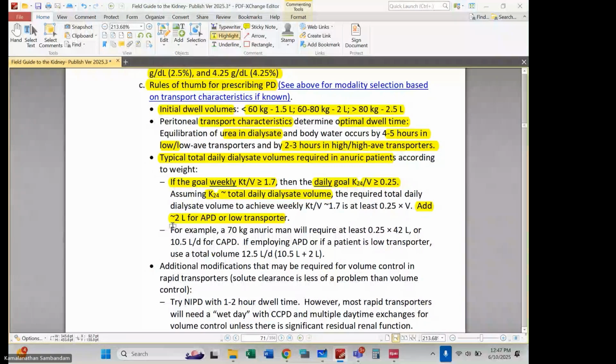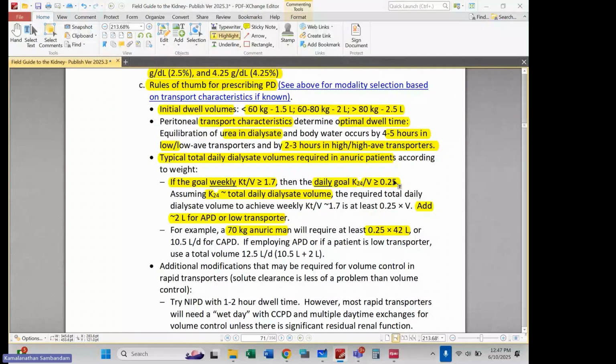All right, so I think we've sort of played this out. Here's an example again. If I had an anuric 70-kilo man, their volume of distribution is 42 liters. Multiply that times this 0.25 target, and that would give you the total effluent needed during PD.